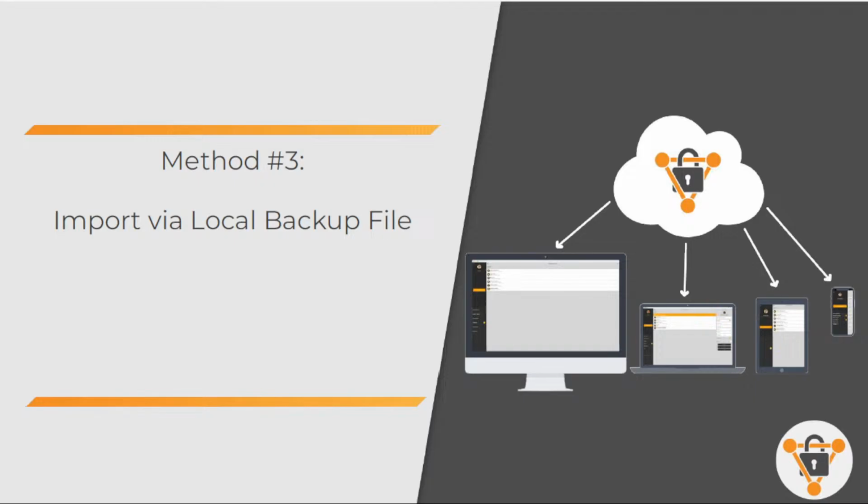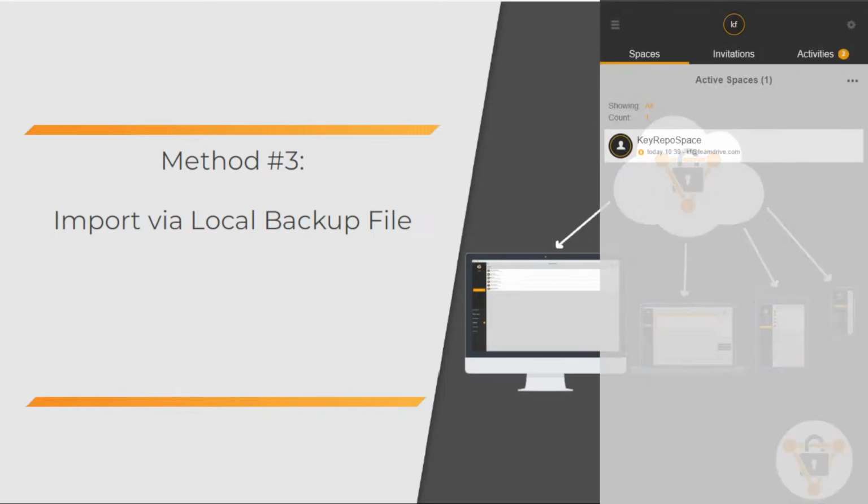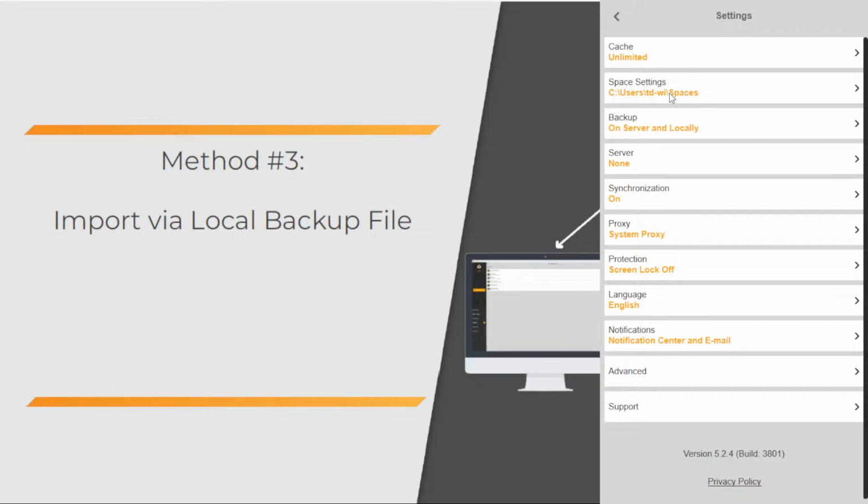So moving right along, our next option would be to import space keys via a local backup file. Okay, so let's go back to our TeamDrive app. To import a space key, we go back into the settings by clicking here on the sprocket, and we go to the section backup.